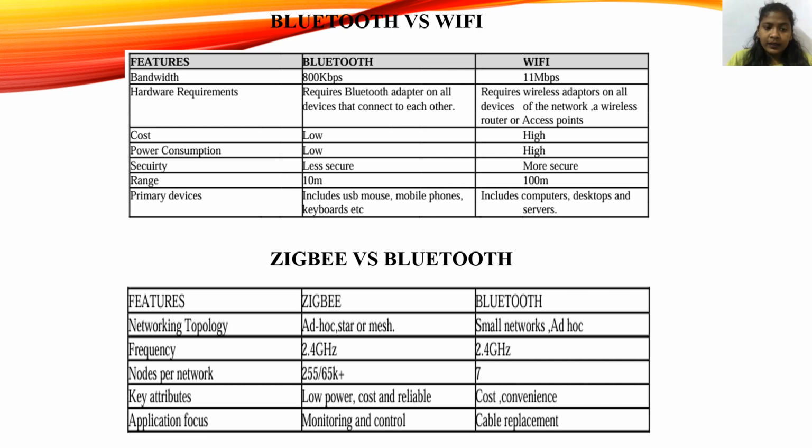Nodes per network in Zigbee is 255 per 65 thousand plus, and in Bluetooth it is 7. Key attributes of Zigbee are low power, cost and reliability, and in Bluetooth it is cost and convenience. Application focus in Zigbee is monitoring and control, and cable replacement in Bluetooth.